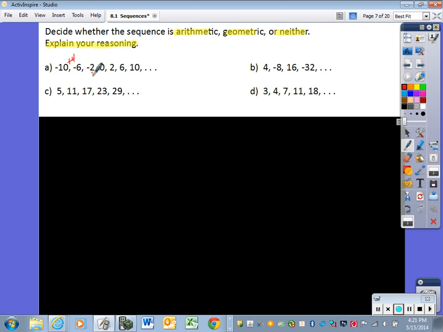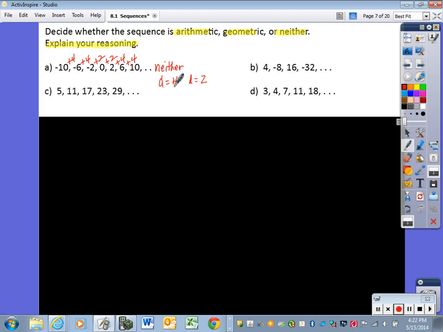Negative 6 to negative 2. Adding 4. Negative 2 to 0. Adding 2. 0 to 2. Adding 2. 2 to 6. Adding 4. 6 to 10. Adding 4. So it is neither. Since I don't have a common difference, I have 2 of them, a difference of 4 and a difference of 2. It cannot be arithmetic because I need 1 common difference to be arithmetic.